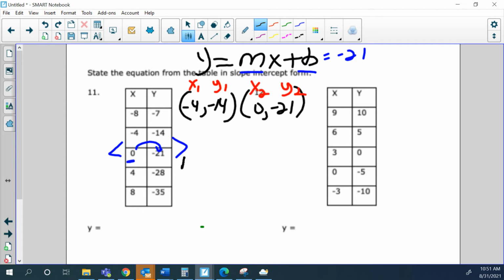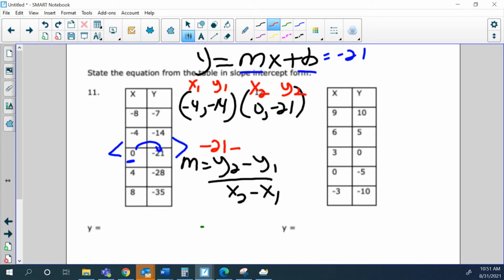Write the slope formula. m is equal to y2 minus y1 over x2 minus x1. Now let's substitute the points. My y2 is -21 minus my y1 is -14. My x2 is 0 minus my x1 is -4.